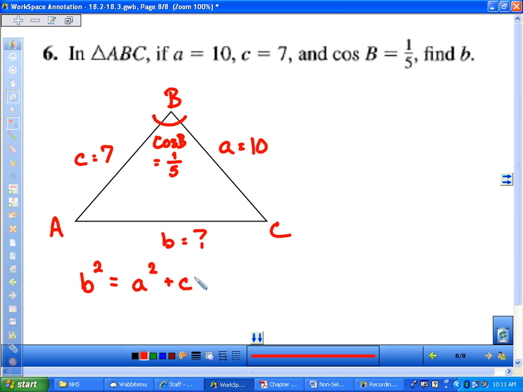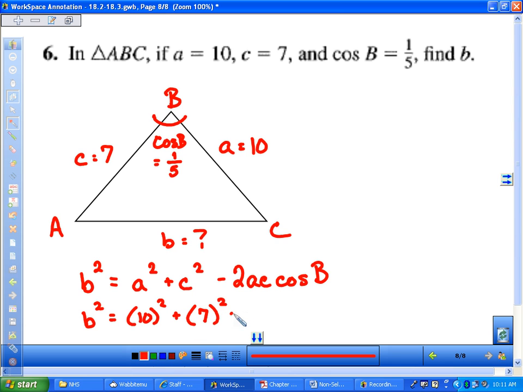A squared plus C squared minus 2AC cosine of angle B. Well-labeled diagram, formula appropriate to our scenario. And now substituting with parentheses, B squared is going to be equal to parentheses 10 squared plus parentheses 7 squared minus 2 parentheses 10 parentheses 7.